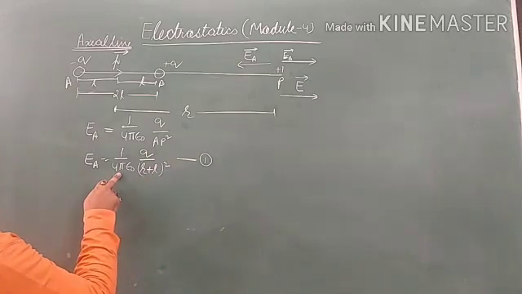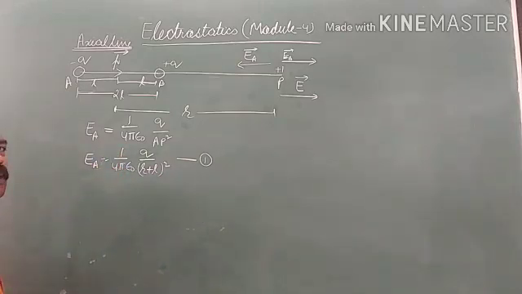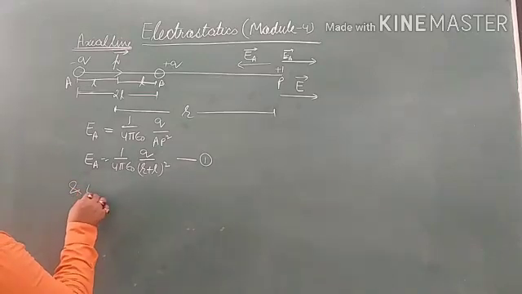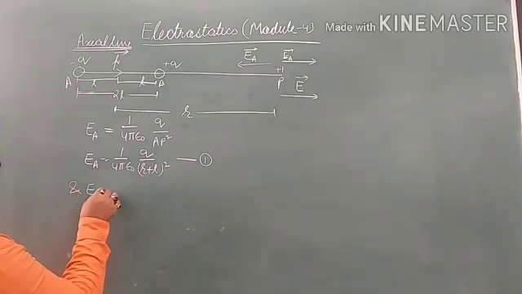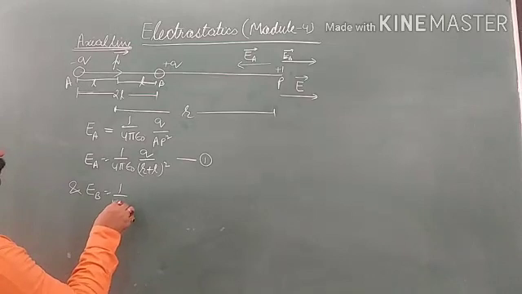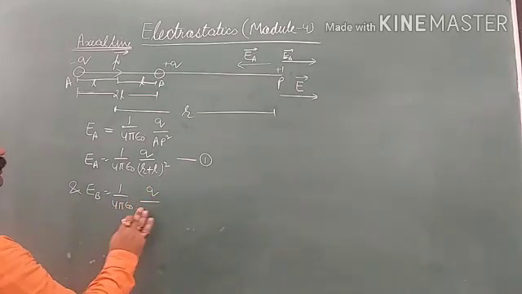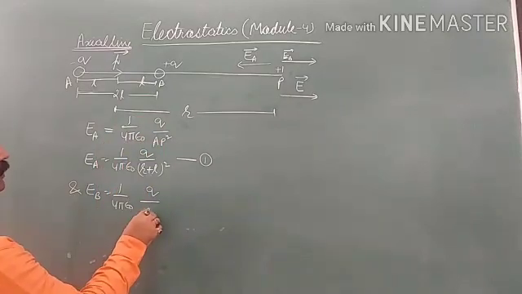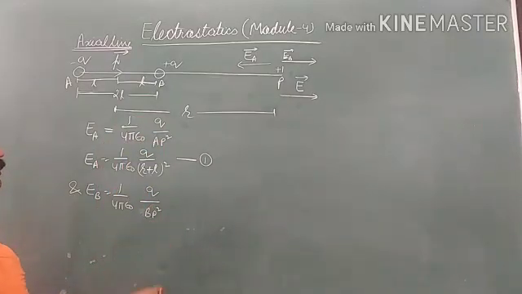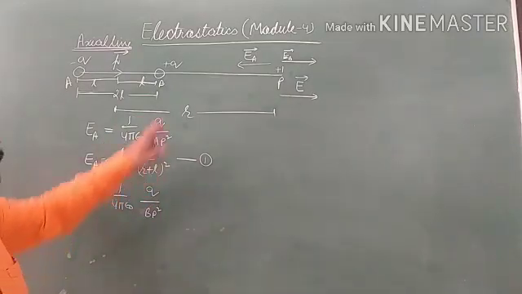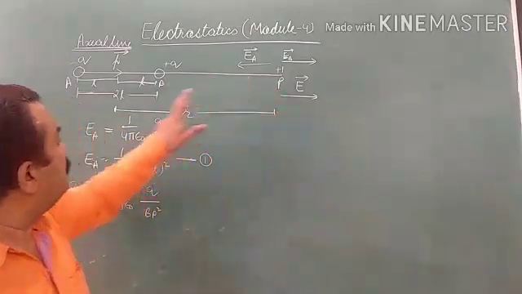Instead of 1 upon 4 pi epsilon naught, you can write directly K also. And in case of B, you can write 1 upon 4 pi epsilon naught Q upon BP square. What is the meaning of BP?